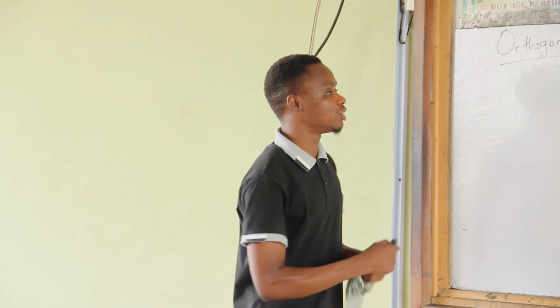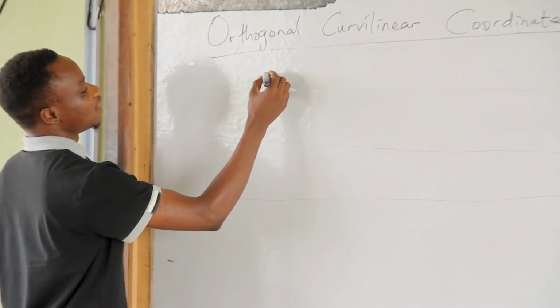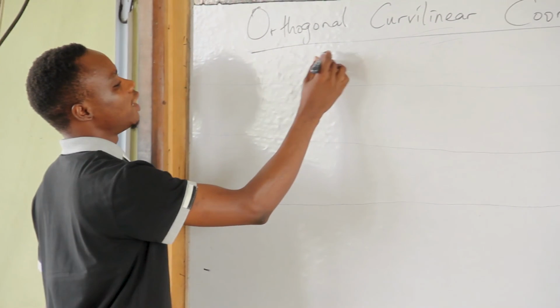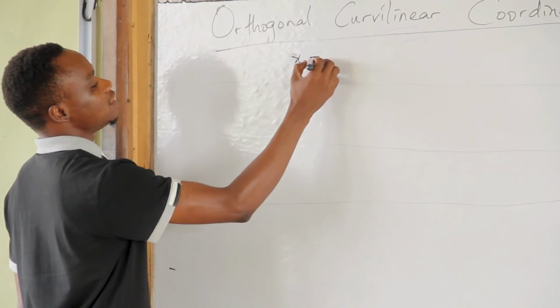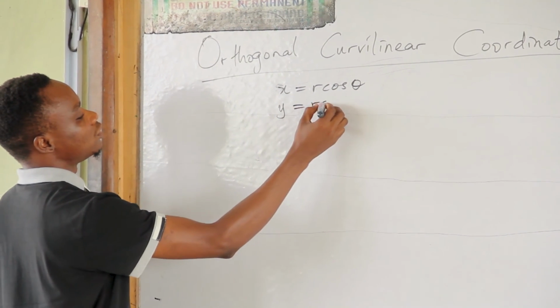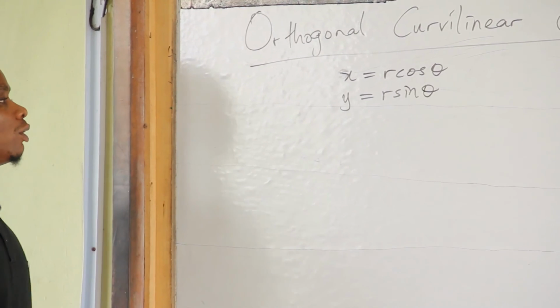So look at this, please. This is for illustration. For the coordinate system we just looked at, for illustration, the polar coordinate system, we have seen that x is equal to r cos theta and y is equal to r sin theta. Listen very well.